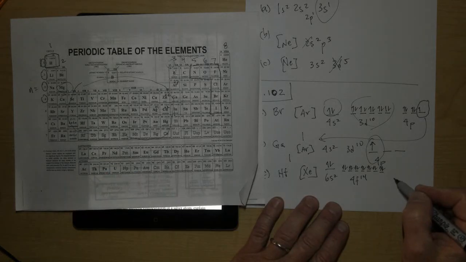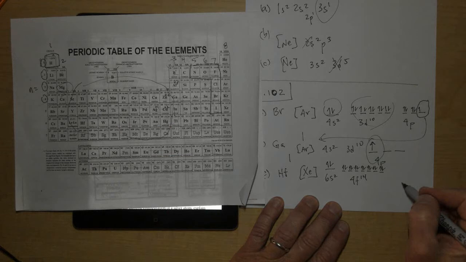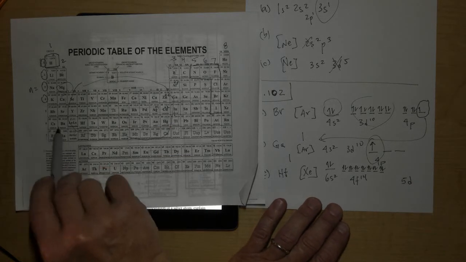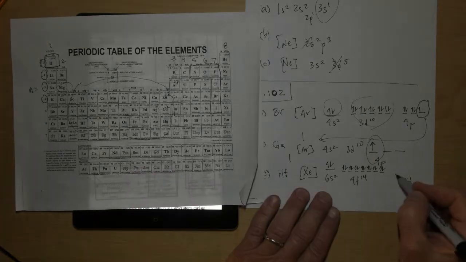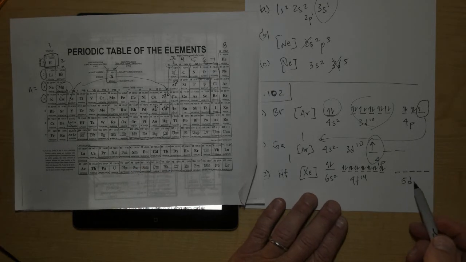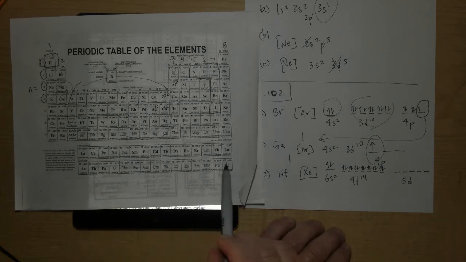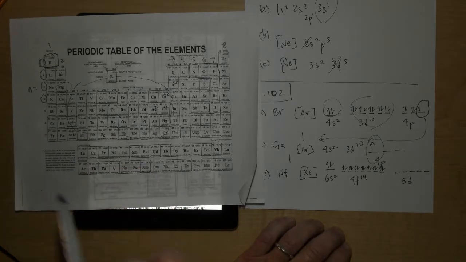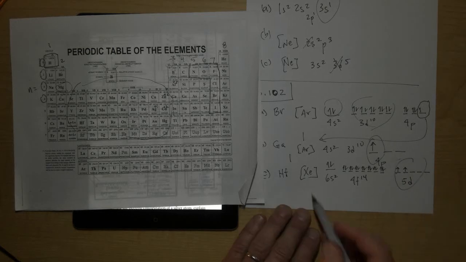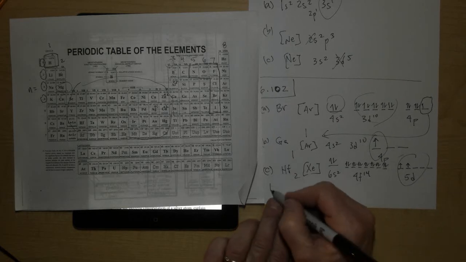And we'd be in the 5d set of orbitals, because this would be the 6th period or the 5th d area. There would be 5 orbitals inside of that sublevel, and there would be 1, 2 electrons in there if we count them. So 1 would go in this orbital, 1 would go in another orbital, so we would have 2 unpaired electrons there in letter C.